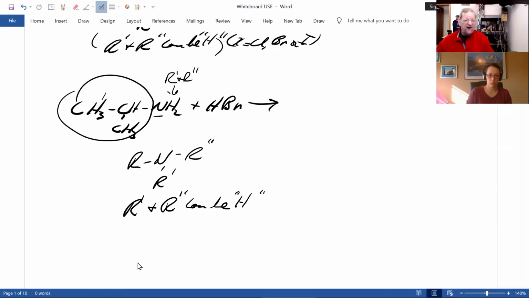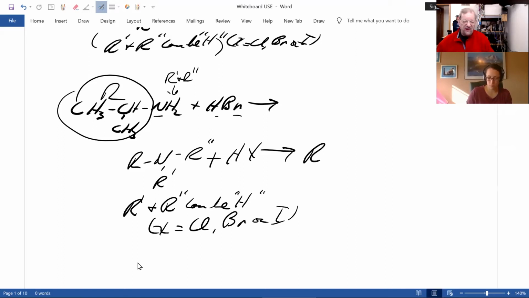I'll call this R. When you react it with HX, an acid, X can be chlorine, in this case bromine, or iodine. What you get is an acid-base reaction, and you get a salt. These are called amine salts. And you don't have to show charges, but it's important to have the halogen anion there just as a halogen.